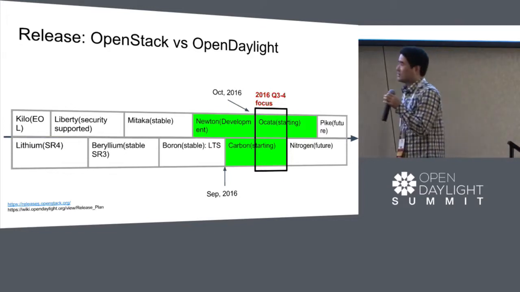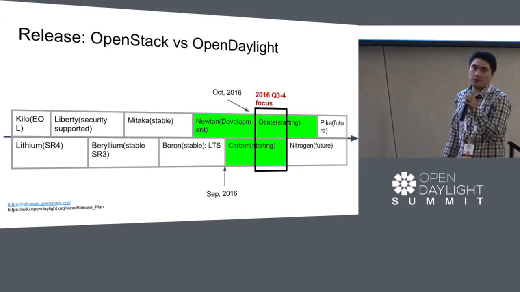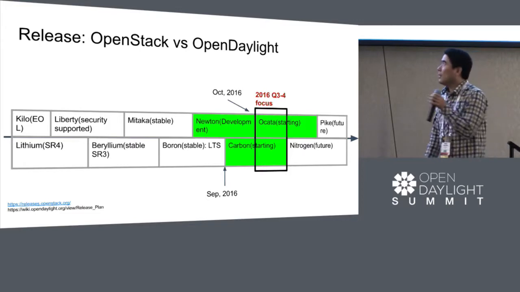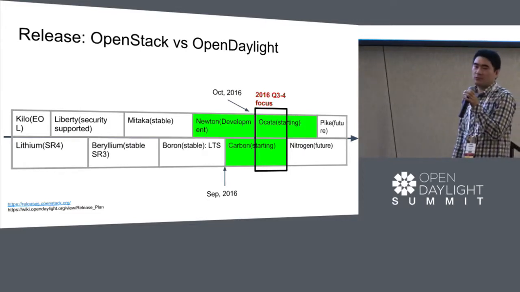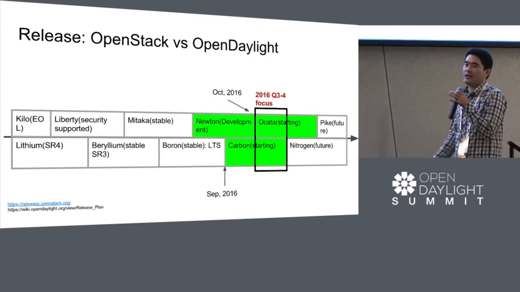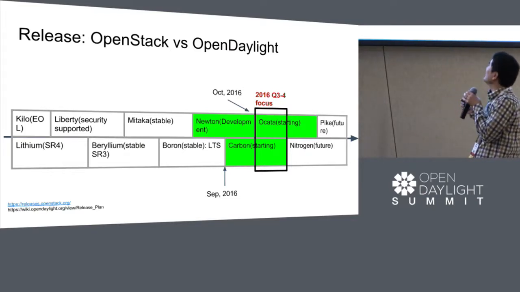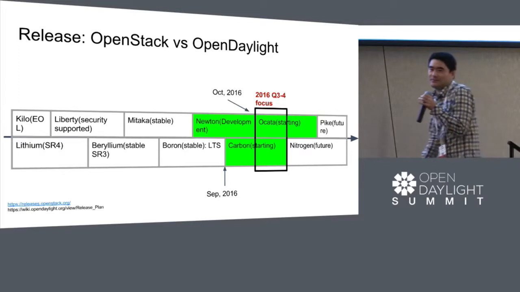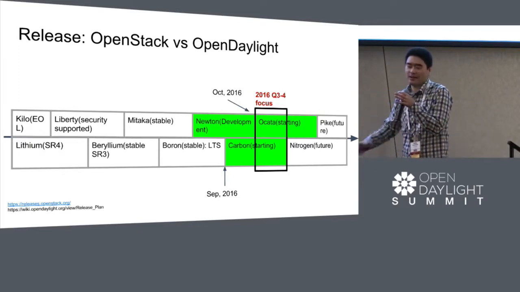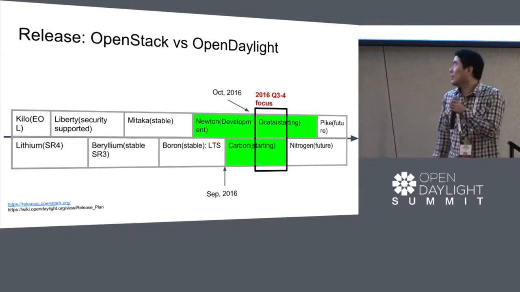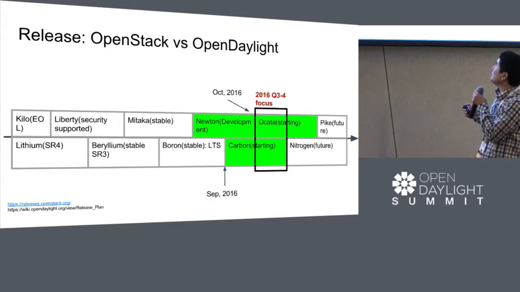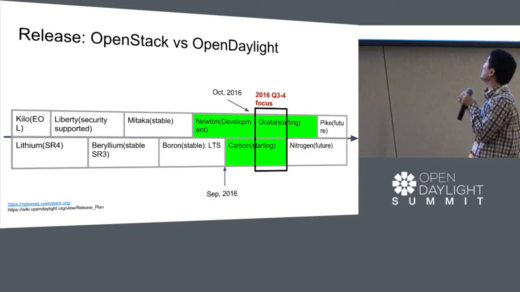This slide shows how releases are managed. OpenStack and OpenDaylight are different, so they have their own cadence, and we have some difficulty aligning those releases. Right now, in the OpenDaylight case, Boron was released in September, and in the OpenStack case, a new release is planned for October.